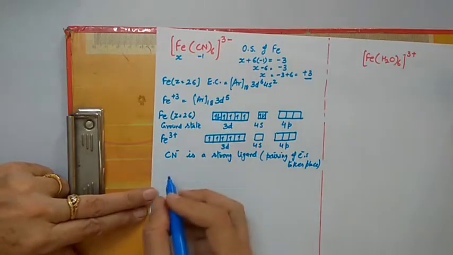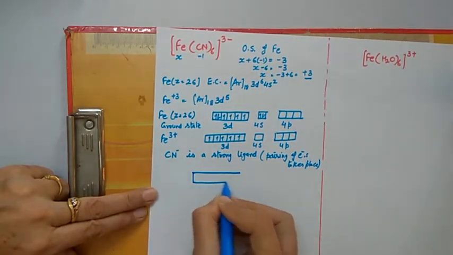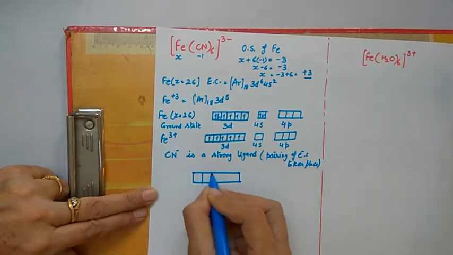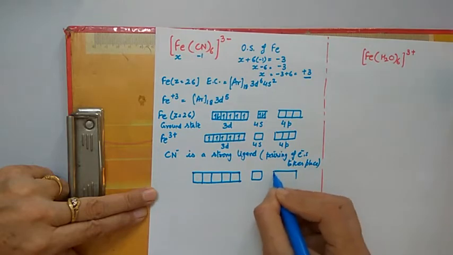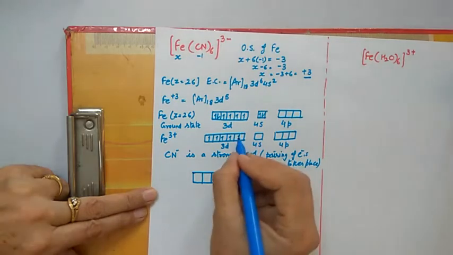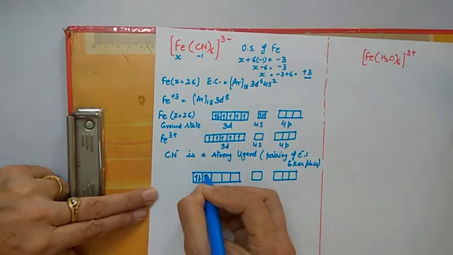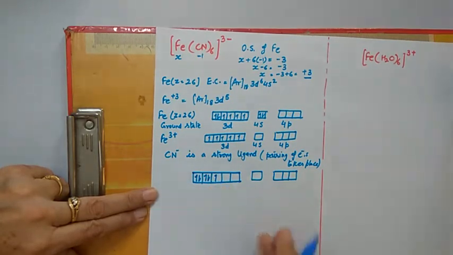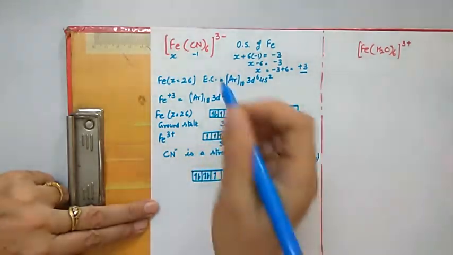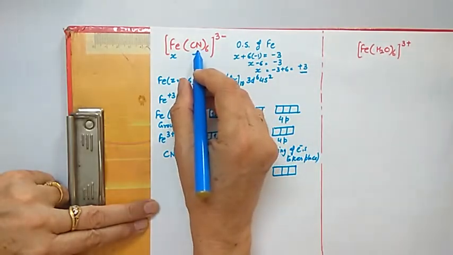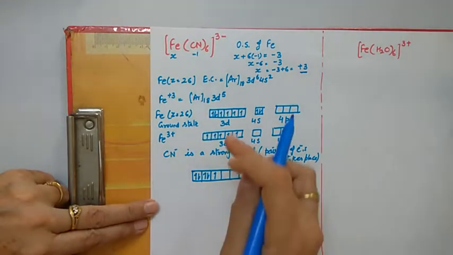Pairing of electrons takes place, and when pairing takes place, these 5 electrons will pair up and you get this configuration. Clear?